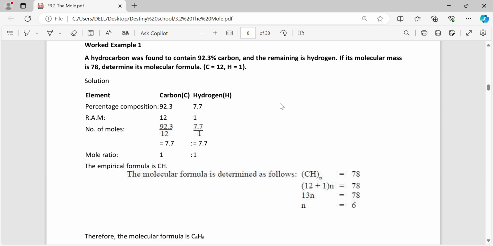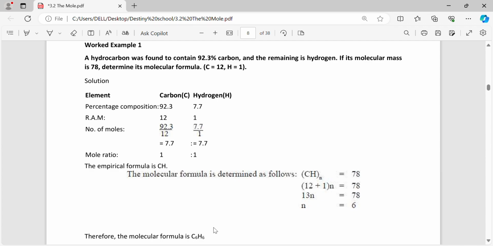So your assignment, which you can try and work out, the answer is already here. You can check on this example to see if you are in a position to do it. This is another example after finishing the other one. So you can write this question and work it out.